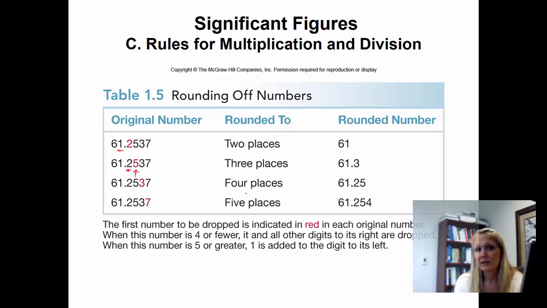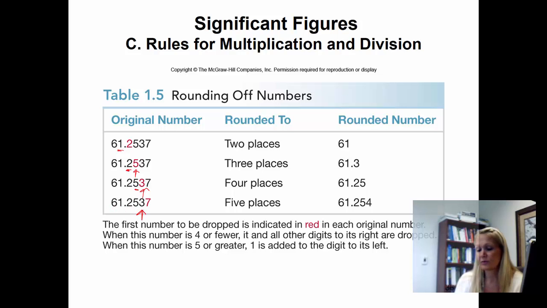If I need to round to 4 sig figs, I look next door to the number in red, and everything to the right of the 5 is dropped. Since that number is a 3, I keep that 5. I don't round it, I keep it as it is. I don't lower it or raise it. If I need 5 places, I go 1, 2, 3, 4, 5.